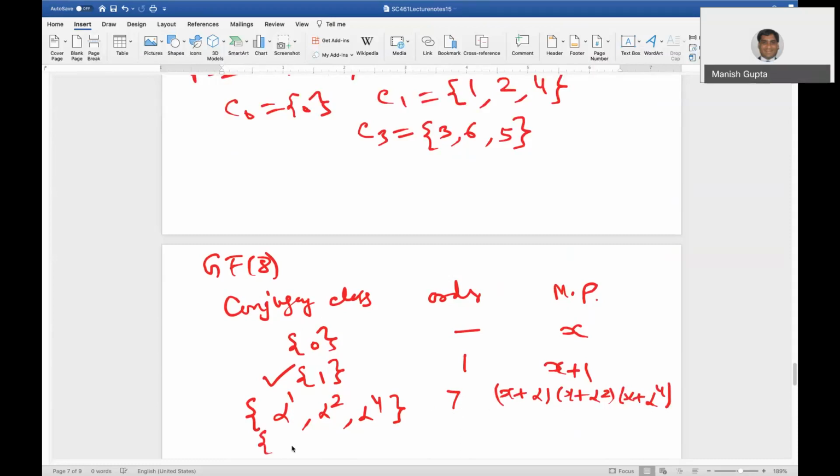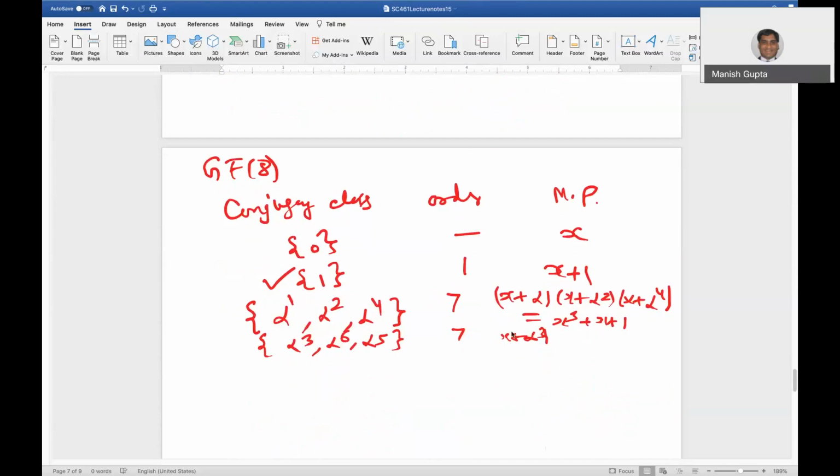The next one, alpha raised to power 3, alpha raised to power 6, alpha raised to power 5, order 7: x plus alpha raised to power 3, x plus alpha raised to power 6, x plus alpha raised to power 5, which is nothing but x cube plus x square plus 1.